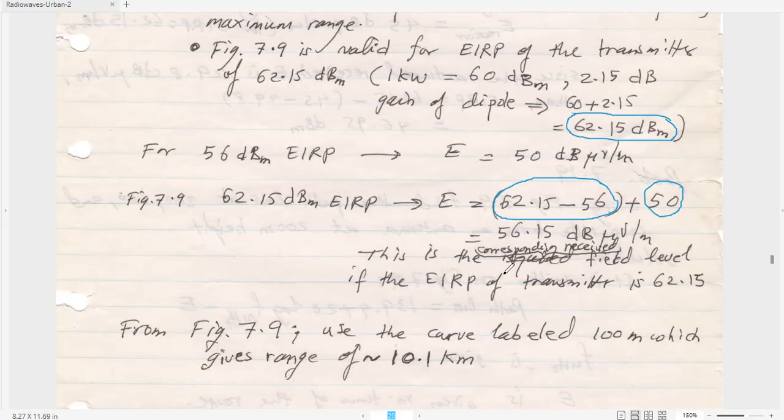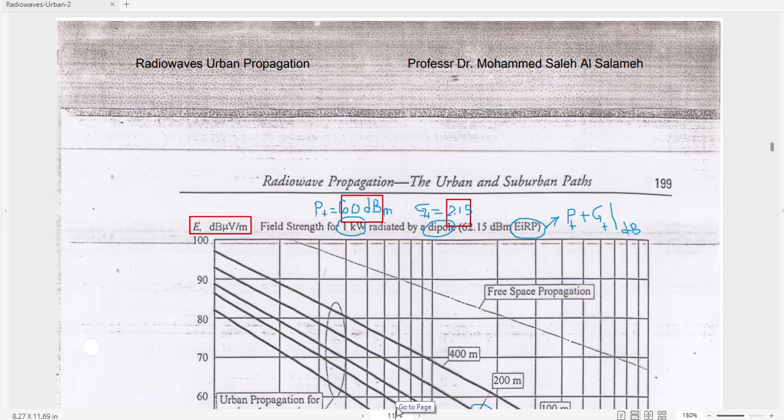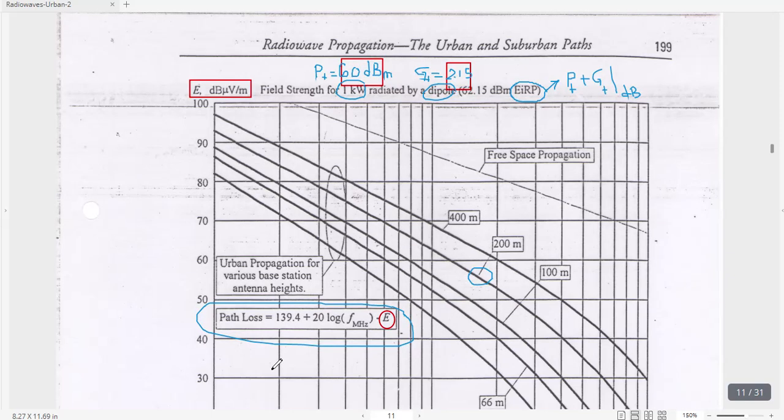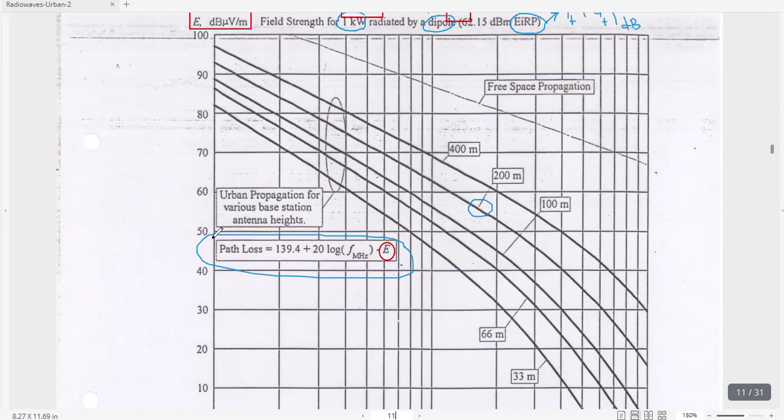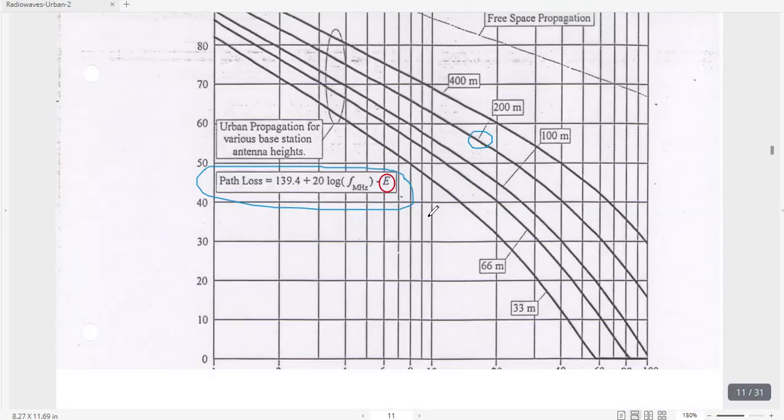Here the value was 56.15. Okay, 56.15. It is approximately here.